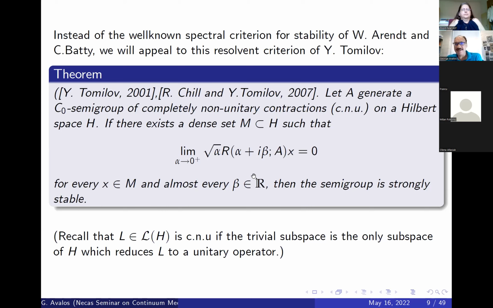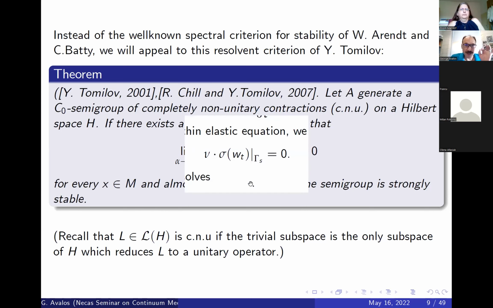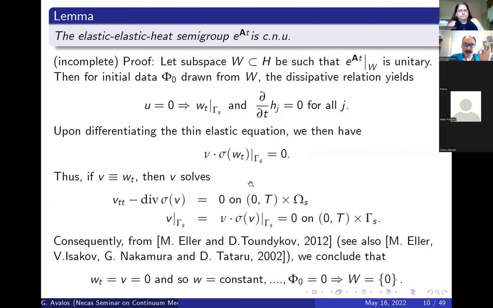Okay, so most of the time one has to establish this strong limit, assuming, of course, that your semi-group is completely non-unitary. And so that's the initial task here. And again, we're following very much in the line of what was done in the embryonic days of PDE control theory.